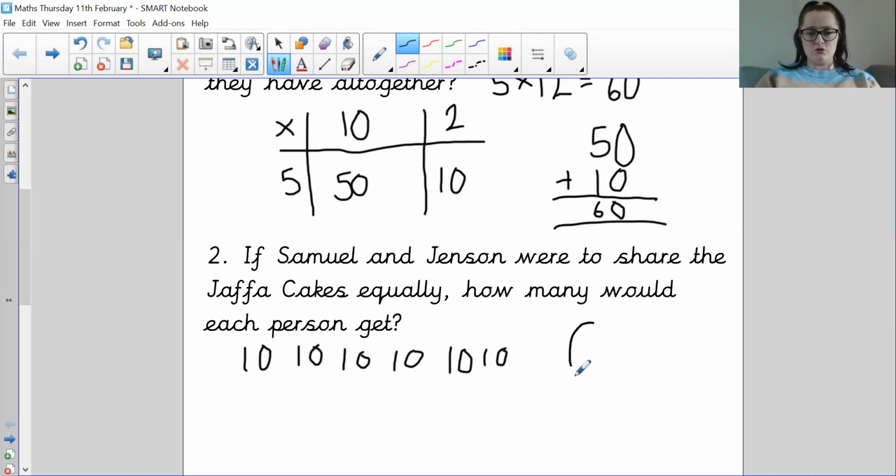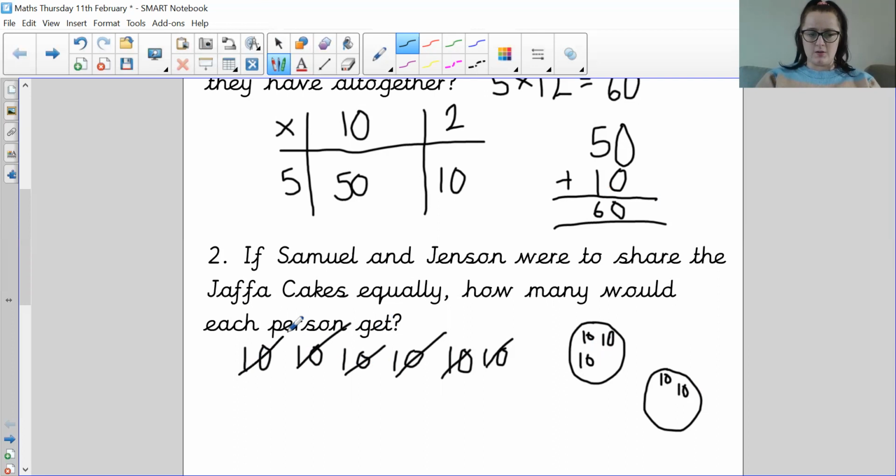And then I'm going to draw 2 circles. One's there for Samuel and the other one is there for Jensen. So then I'm going to share them out. So 10 in there and I'll cross one off. 10 in there and I'll cross it off. And I'll keep doing this until I've got no 10s left.